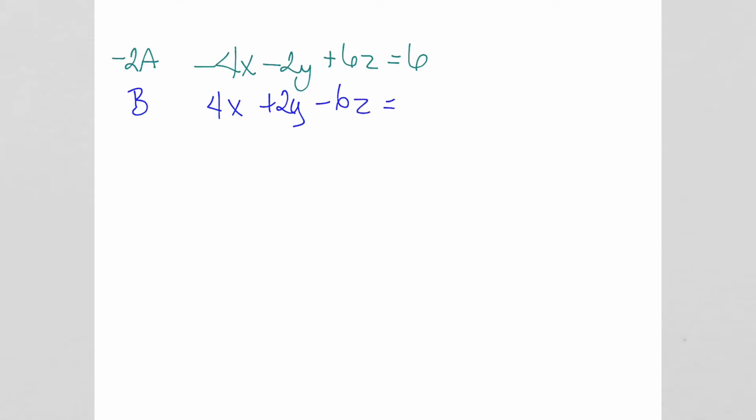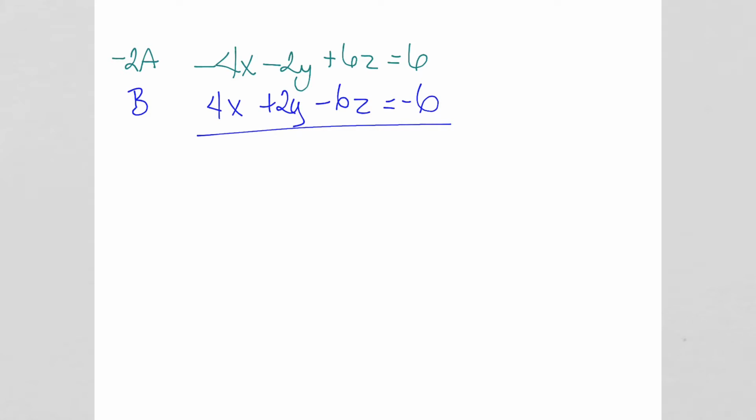Okay, let's start again here. We're going to multiply a by negative 2. So negative 4x minus 2y plus 6z equals positive 6, and then just b. So we've got 4x plus 2y minus 6z equals negative 6.